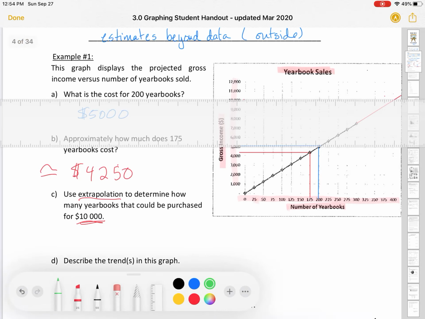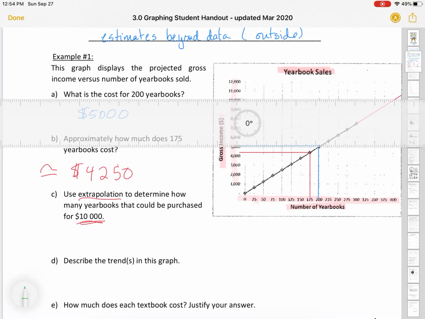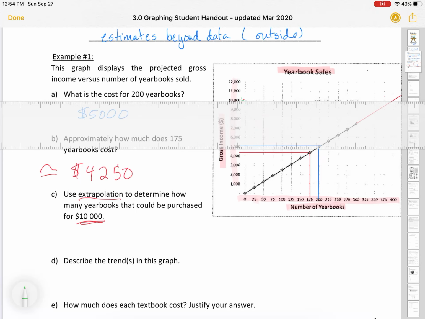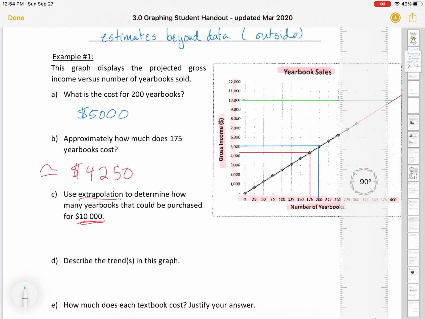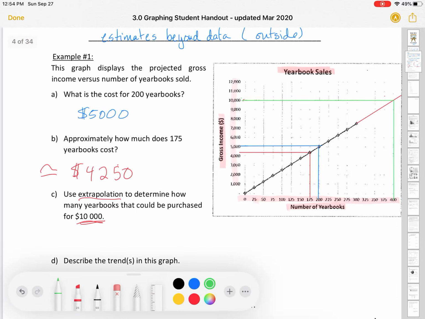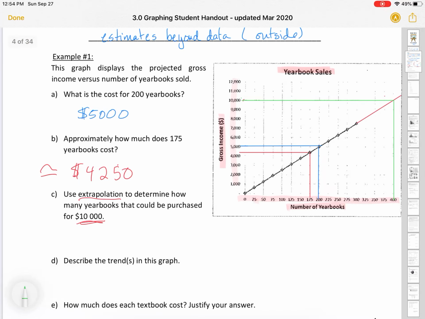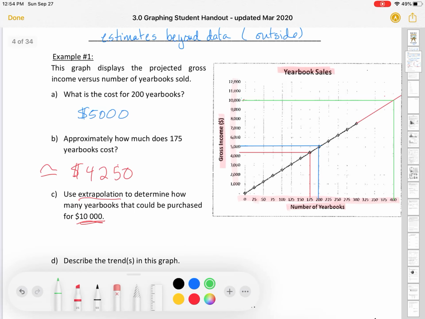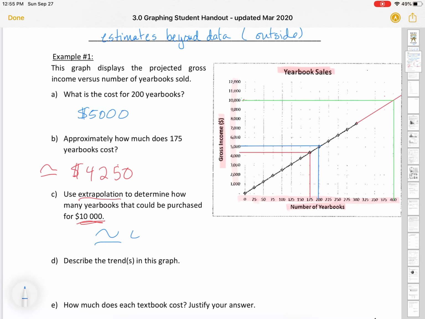So matching it up with 10,000, I want it a little lower. Right there, and then let's see where it meets on this line. Okay, and I can only get so precise with my ruler. So it's approximately at 400 for that. Okay, it's pretty close.